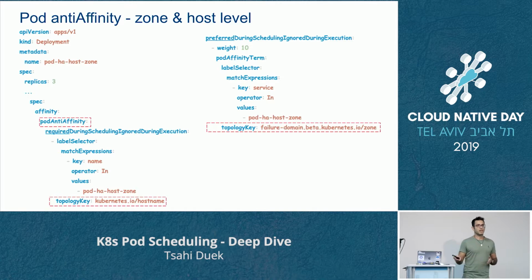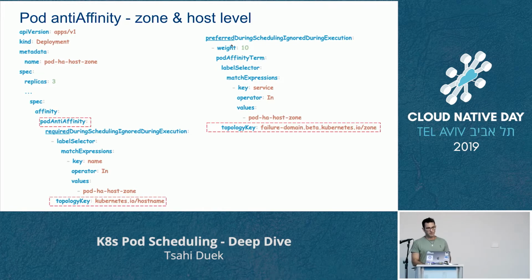If there's no node available to sustain this anti-affinity rule, the pod will stay pending and will not be scheduled on any node. The preferred, as it says, means you should try, but if you don't have a node, just target one and target the specific node that you found.